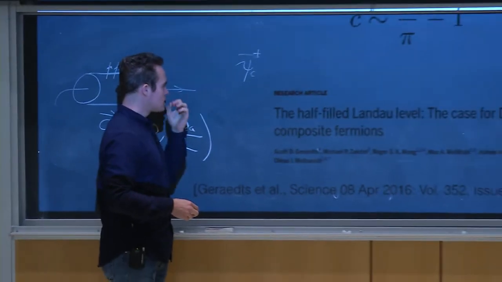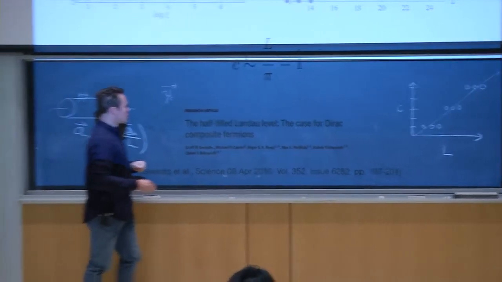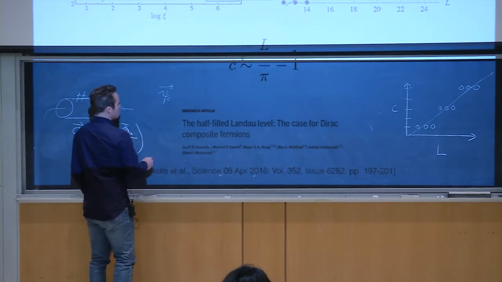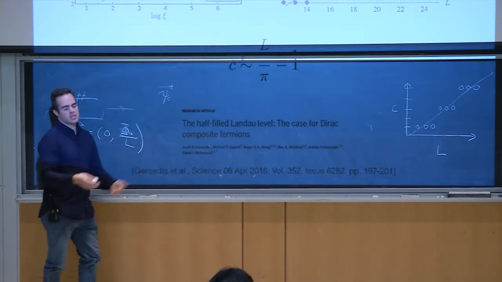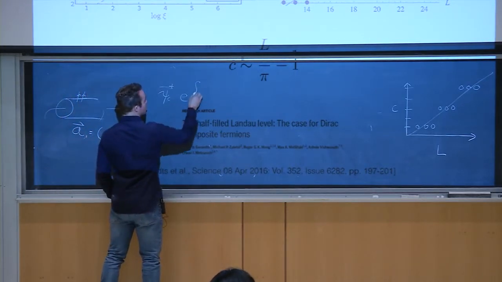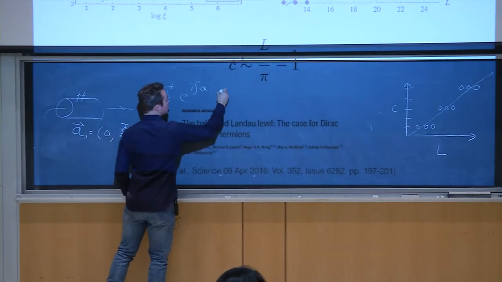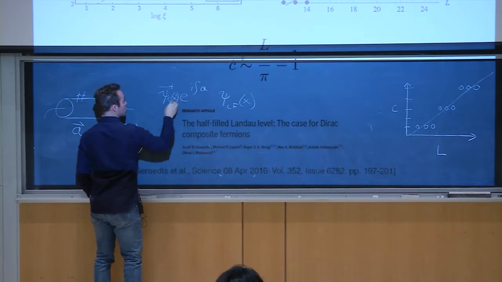The idea is if you have some emergent objects coupled to a gauge field, the sort of terms you can write down, which could actually be expressed as physical operators, is to make a pair of objects. Let's say this is at x, and this is at some x prime.